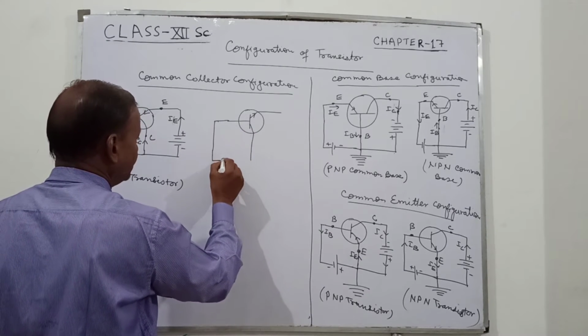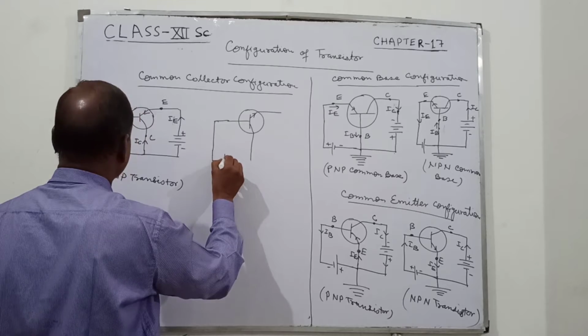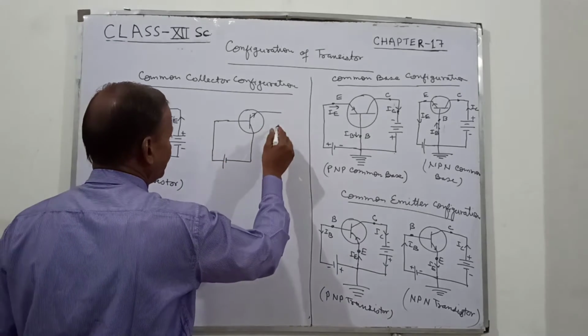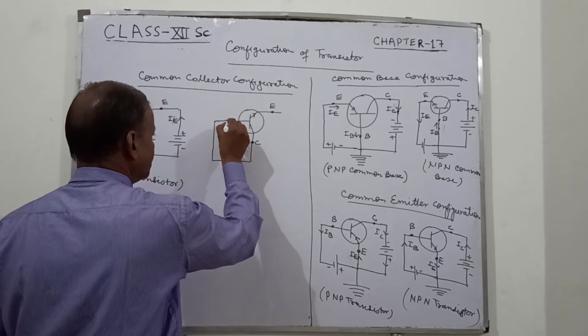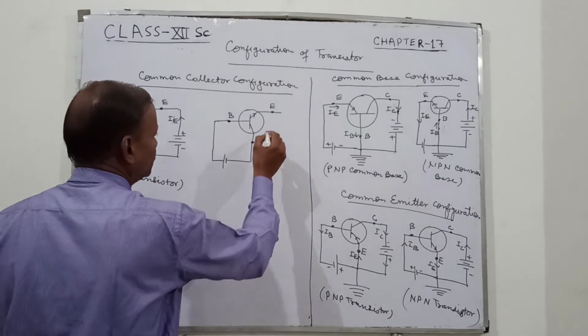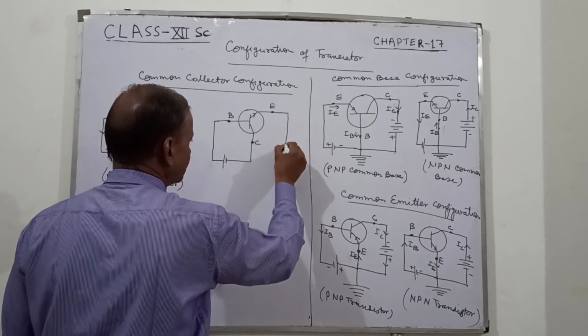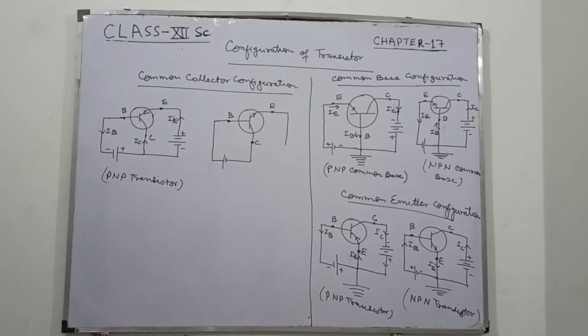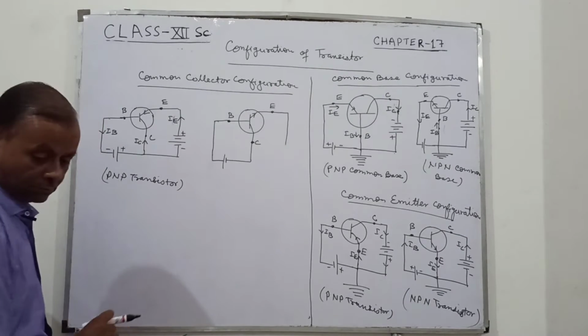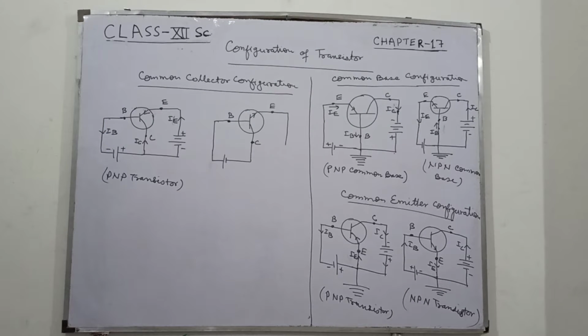This is NP, P, this is not positive. And here this is the E, this is your C, this is your B. So here we have this, this is positive.